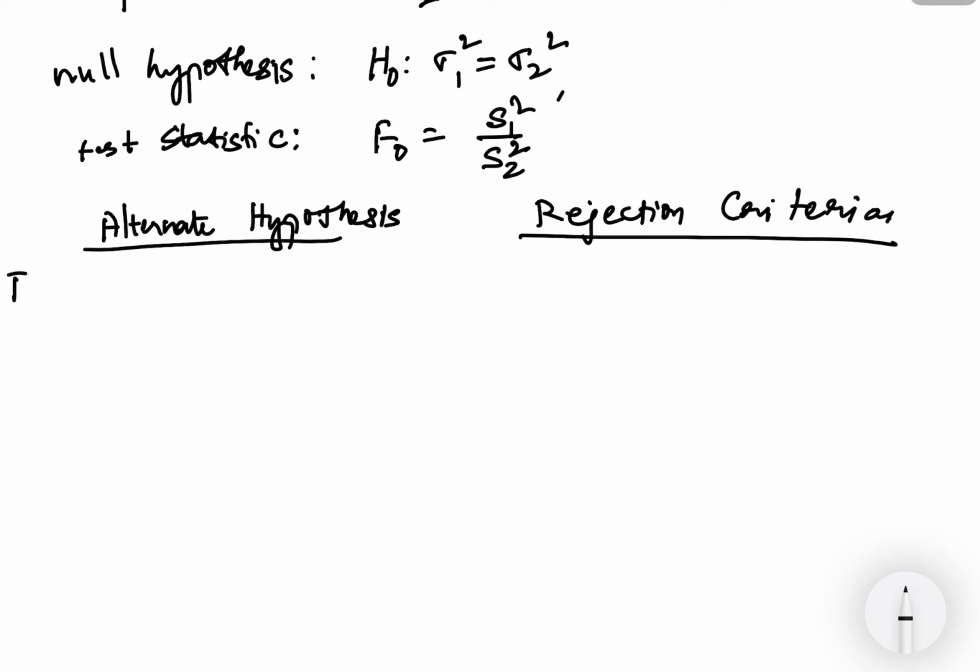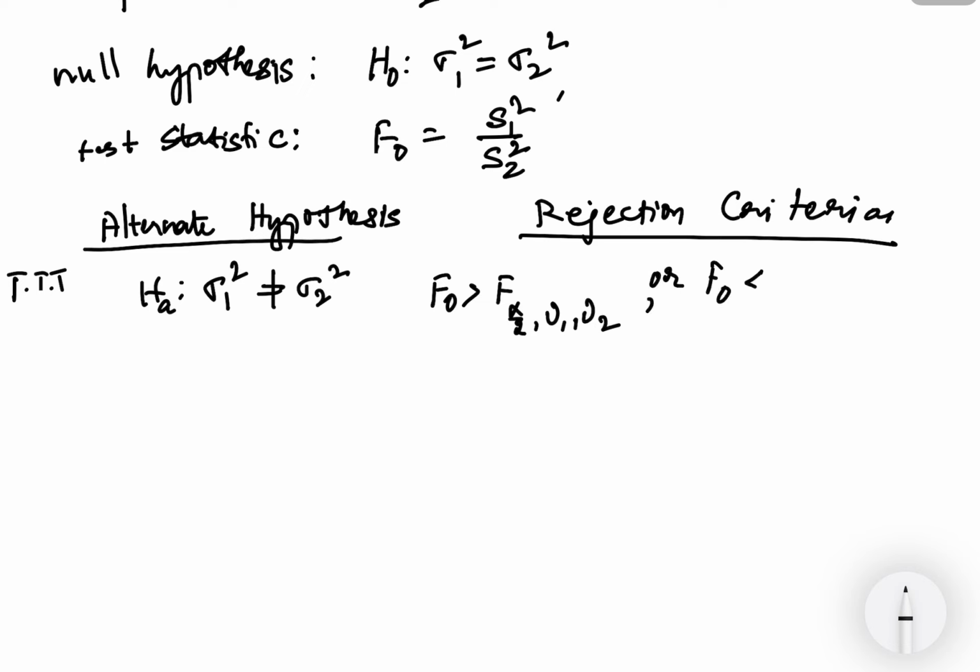For a two-tailed test, the alternate hypothesis will be sigma1 square not equal to sigma2 square, and the rejection region will be all F naught greater than F alpha over 2, nu1, nu2, or F naught less than F of 1 minus alpha over 2, nu1, nu2, where nu1 and nu2 are the degrees of freedom of the two samples considered. Nu1 is equal to n1 minus 1 and nu2 is equal to n2 minus 1.